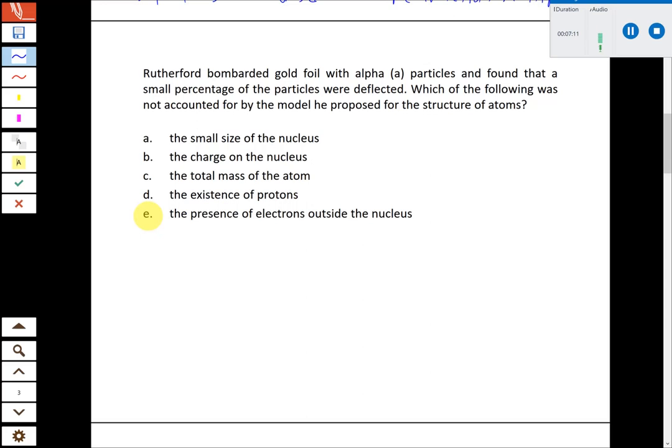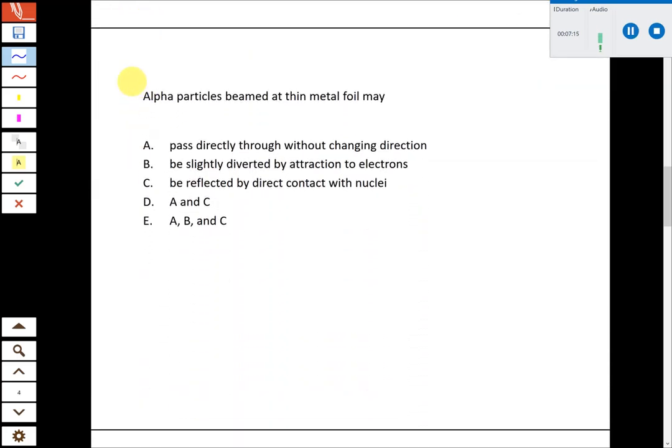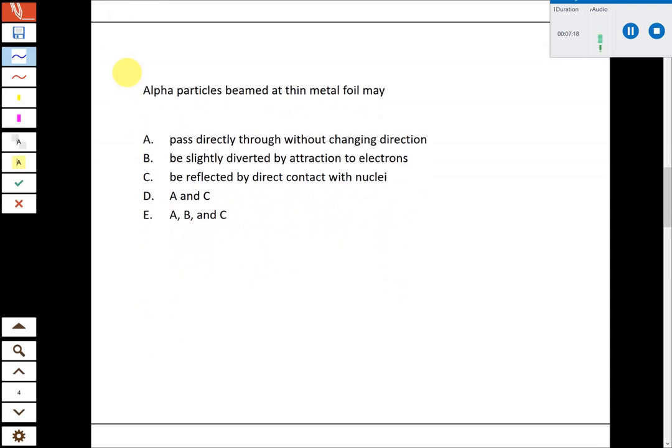So let's actually do these in the opposite order that I have them, because it makes a little more sense to do it this way. So the first question that I have here is about the Rutherford gold foil experiment, alpha particles directed at a thin metal foil. That's what the experiment was. Alpha particles being massive, positively charged particles.